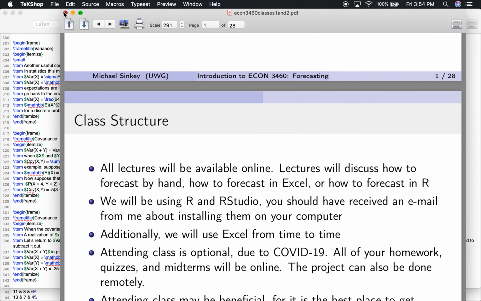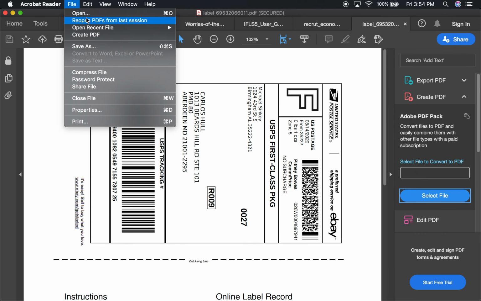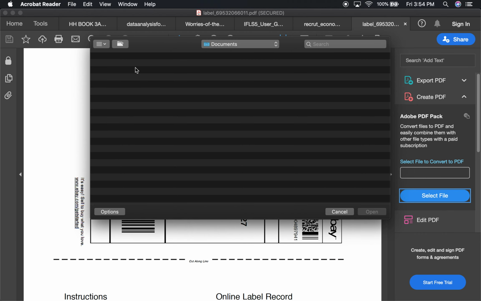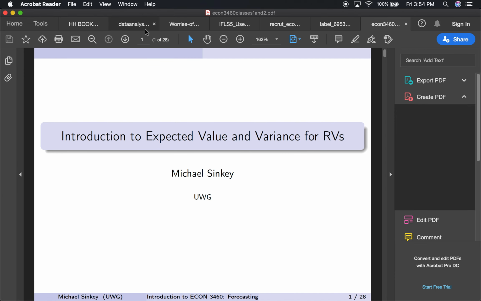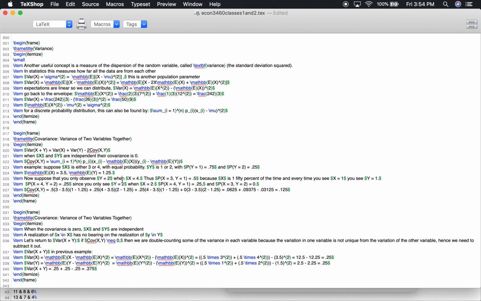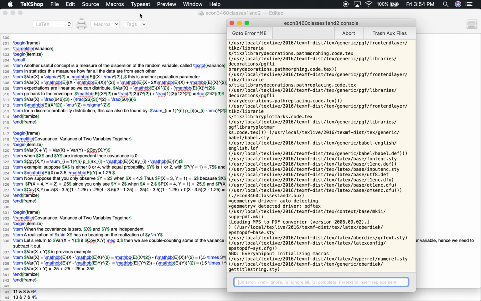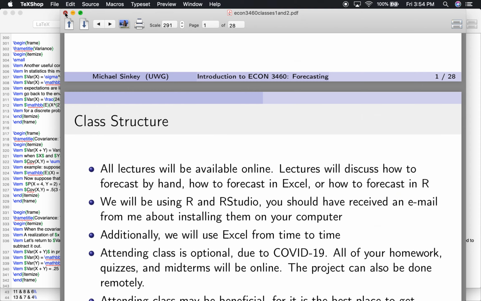There we are. Now let's go back and open that back up. Okay. And this should actually be 0.25. One more quick math check. There we are.